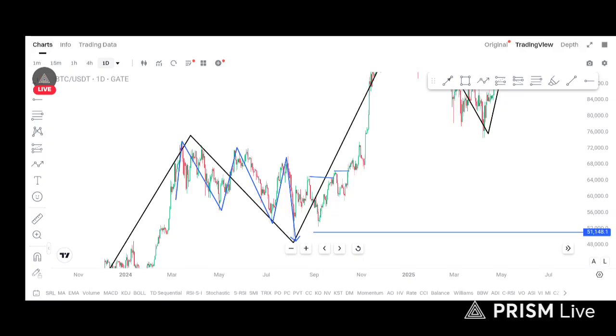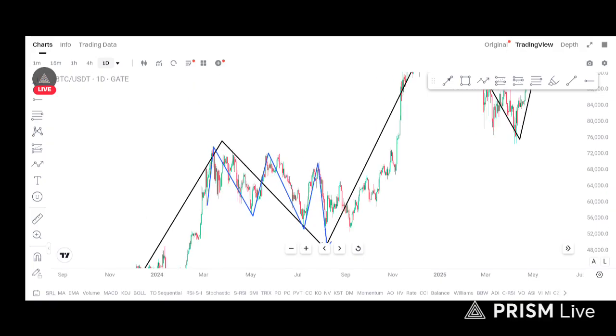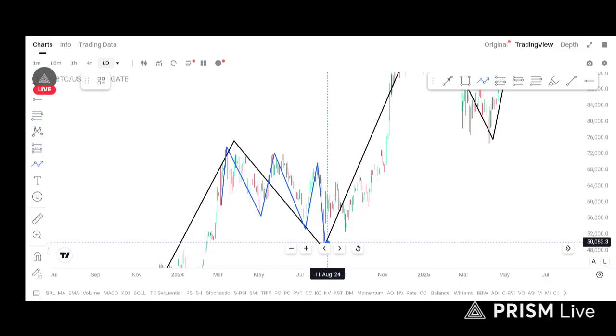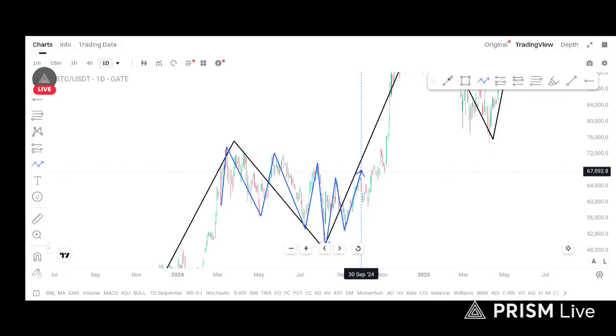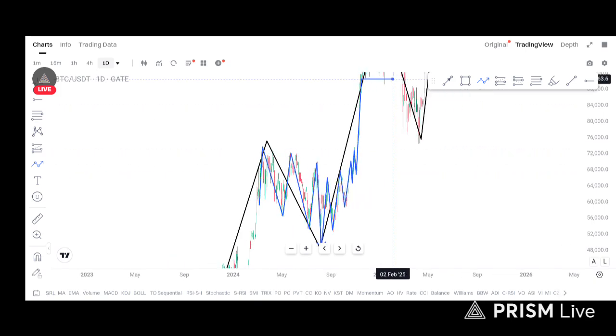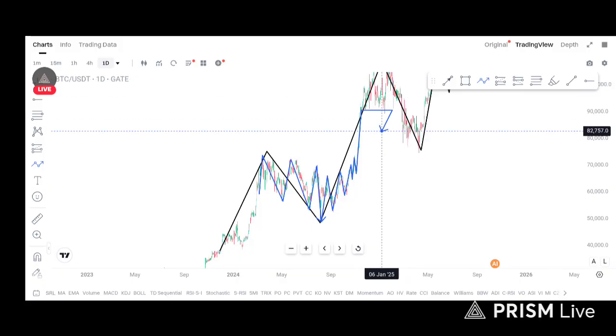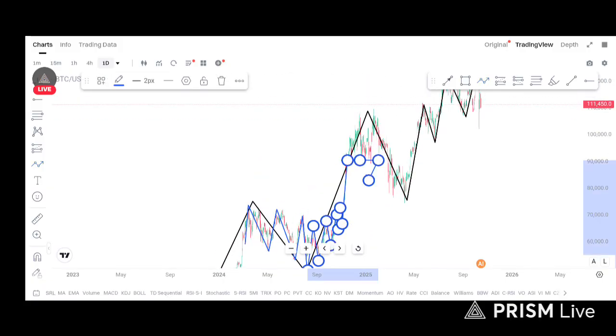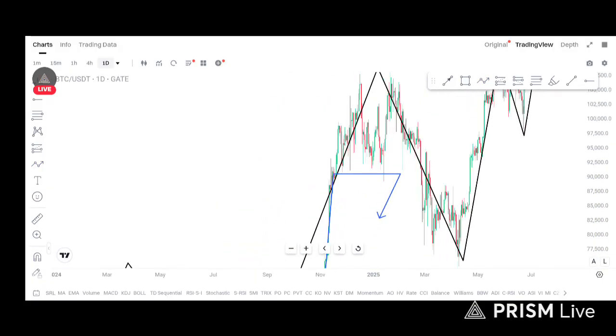Now what can you see? The market formed and broke this high. What are you now seeing? A pure uptrend. A pure uptrend.